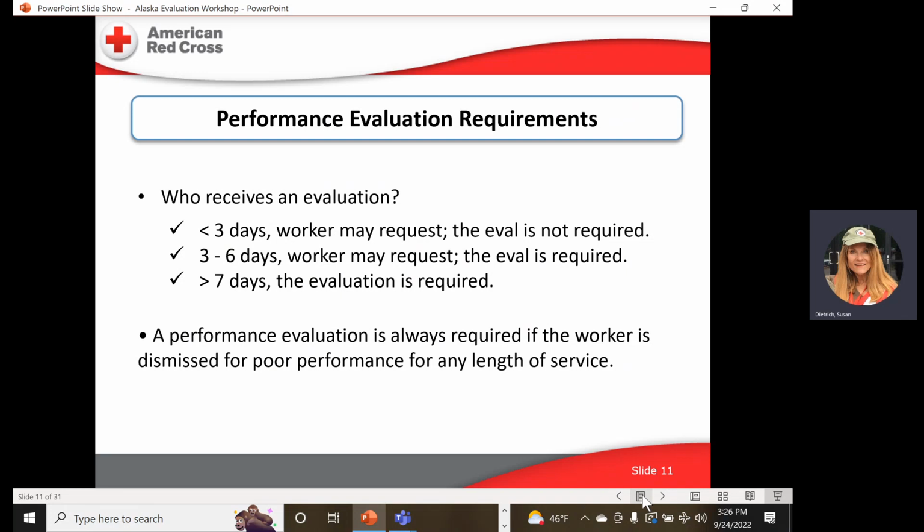If somebody has worked a DR under you or under somebody else for 7 days, then they must receive an evaluation. If you don't write the evaluation, it is kicked up to your supervisor, and your supervisor will write the evaluation. I can tell you they won't be very happy. A performance evaluation is always required if the worker is dismissed for poor performance for any length of service.